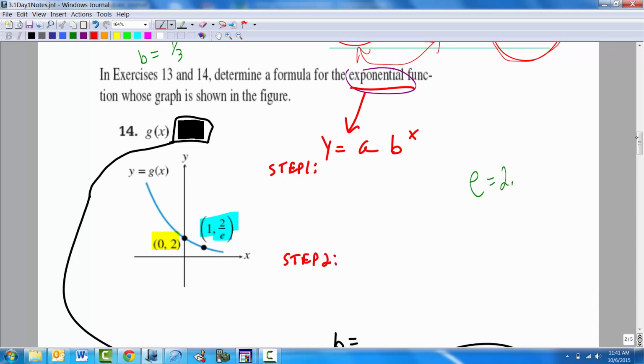So you're lucky. It actually doesn't always have to be 0 given. It could be 2 and 7. You know what you'd simply do? Set up a system.